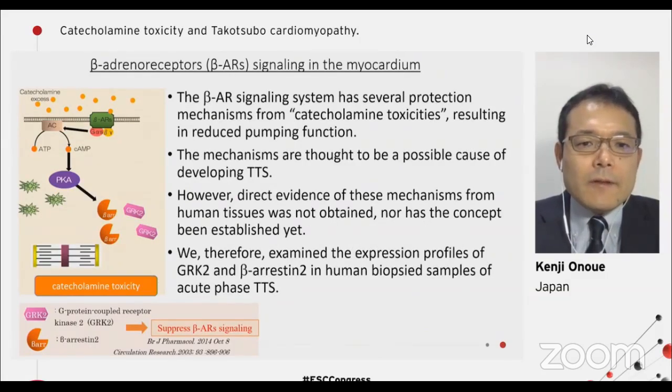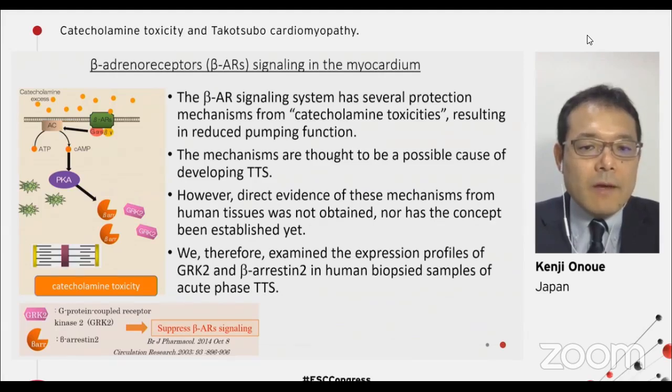The beta-AR signaling system has several protection mechanisms from catecholamine toxicity, resulting in reduced pumping function. These mechanisms are thought to be a possible cause of developing TTS.